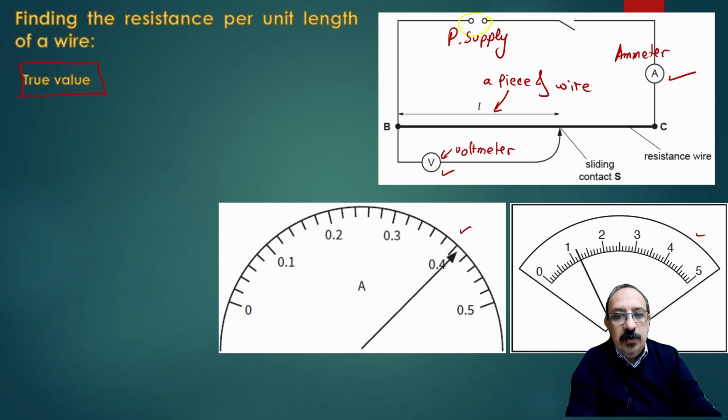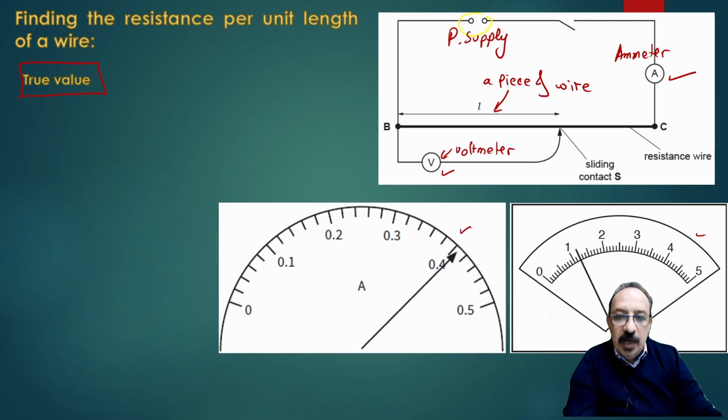It is the best measured value for a physical quantity, or it is the value we know from some theoretical investigation of our phenomena.